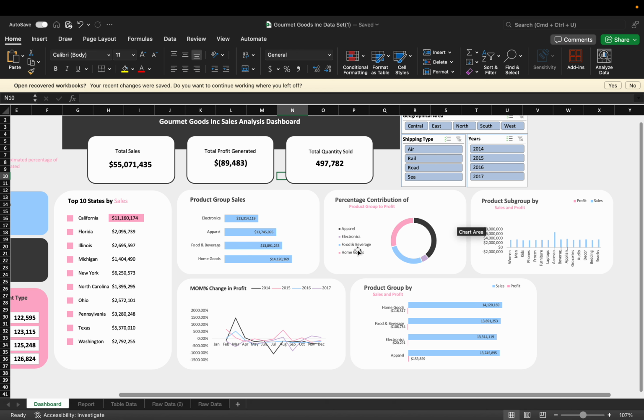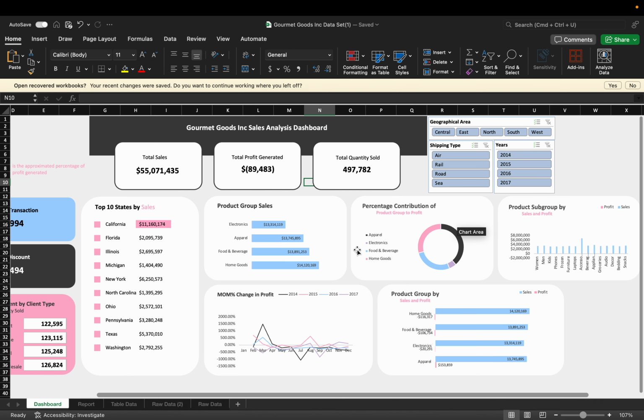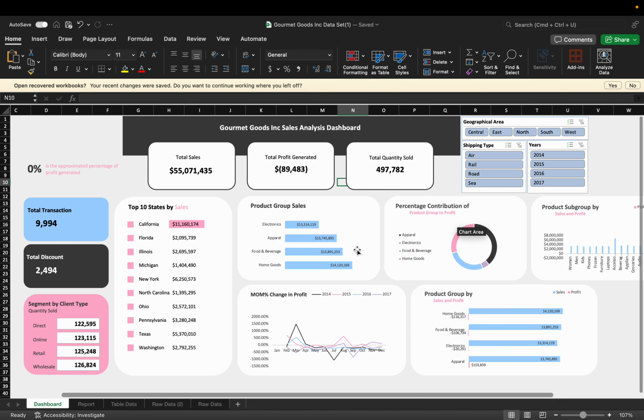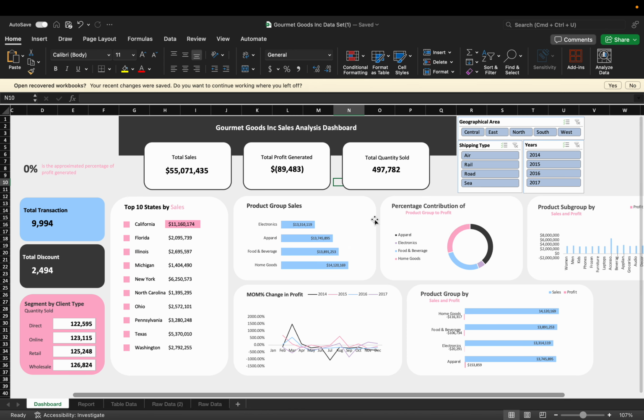So this is the dashboard. We have made this dashboard such that it's also interactive, so we can slice and filter by some of the metrics set up here.